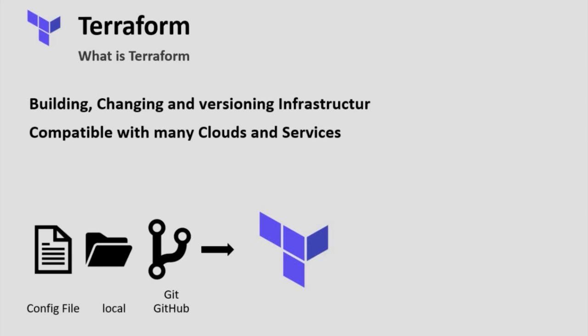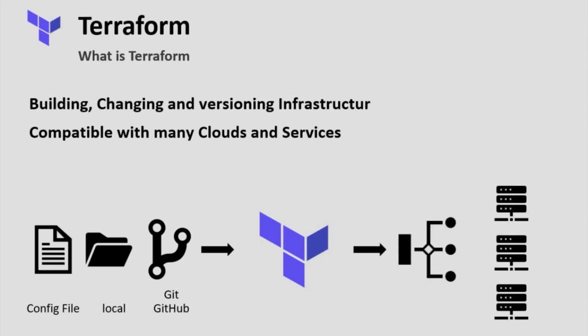You can store all your files there, and Terraform Cloud will use this through the CI/CD pipeline to deploy the configuration on the cloud. So Terraform will take this file from the GitHub or Git repository and apply the configurations on the specific cloud provider.